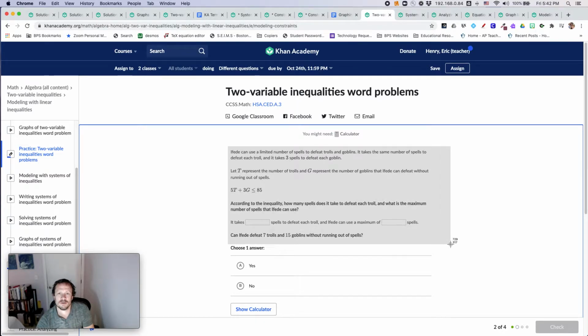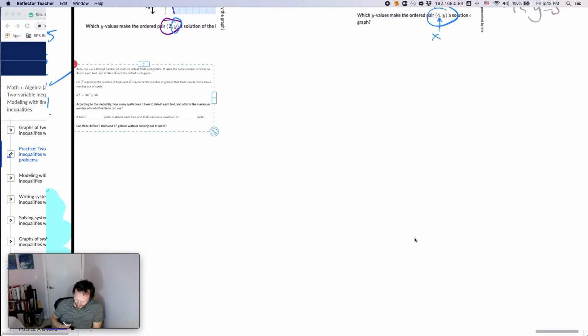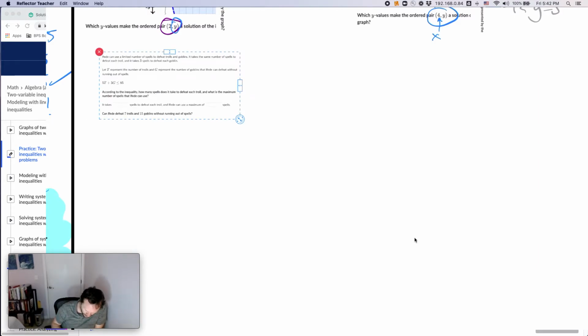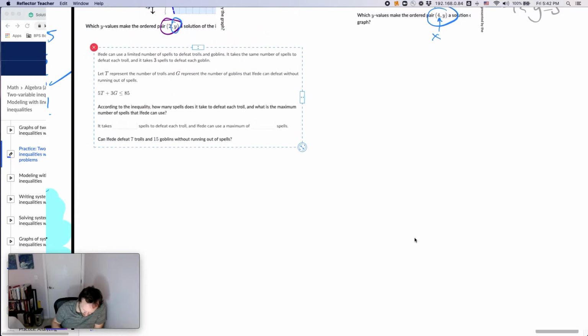Lots of words here. Remember the cubes strategy, where we start by making sure to read the problem carefully.